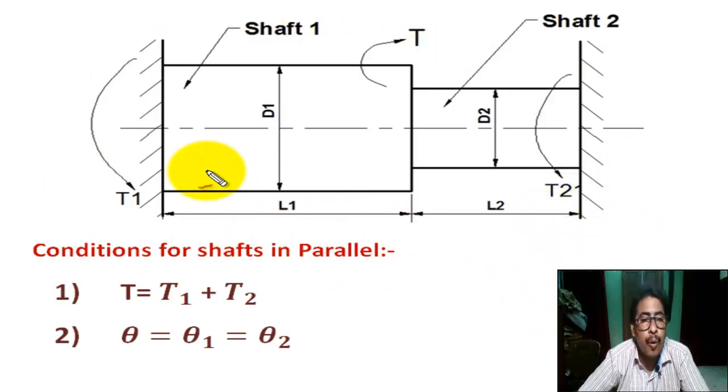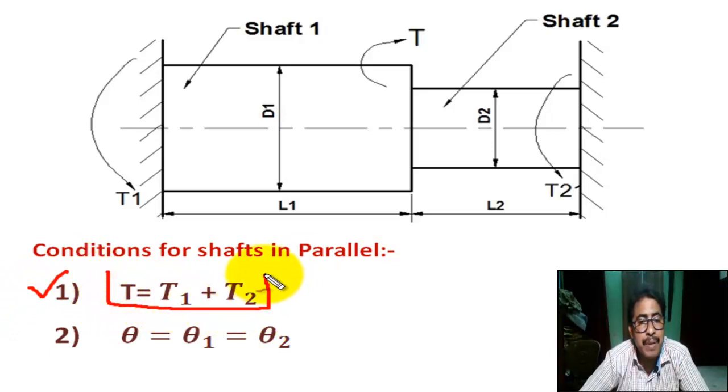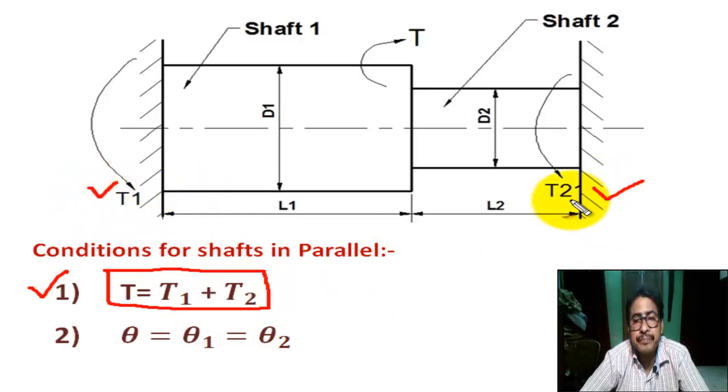Conditions for shafts in parallel. Number 1, T equal to T1 plus T2, same as previous. T1 is the torque transmitted by shaft 1, T2 the torque transmitted by shaft 2, and T is the applied torque.